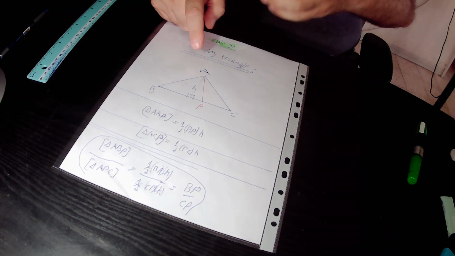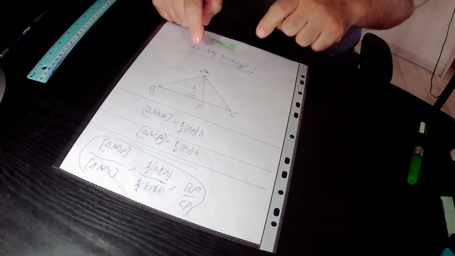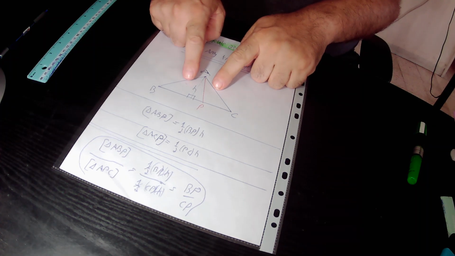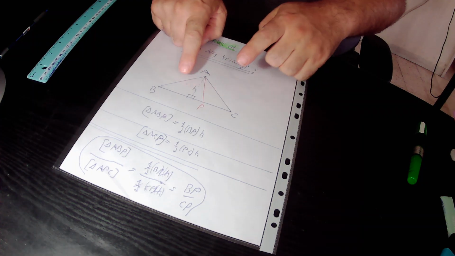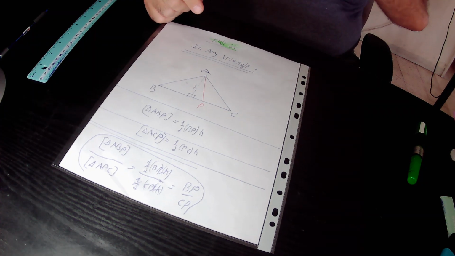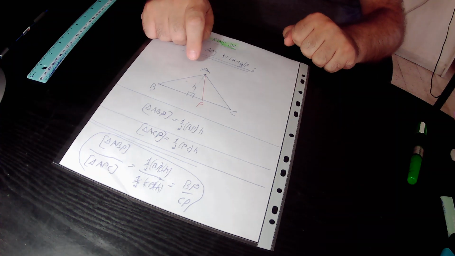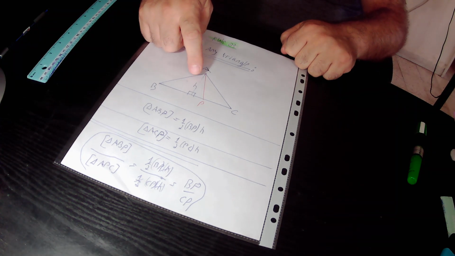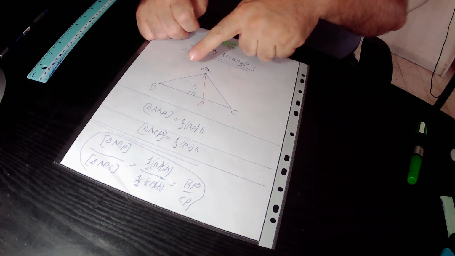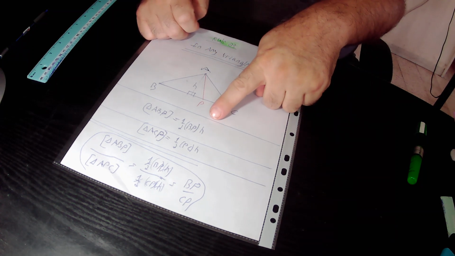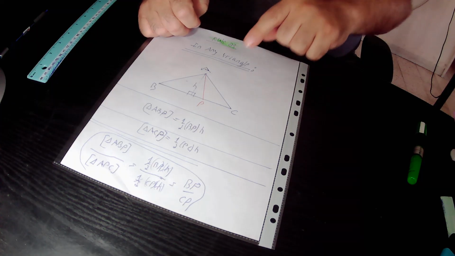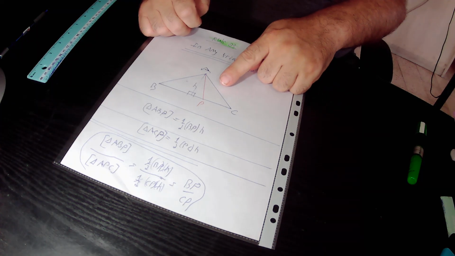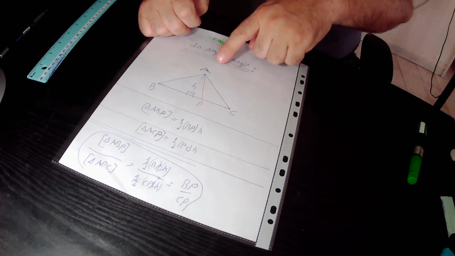According to Rule 23, the ratio between the areas of those two small triangles is equal to the ratio between their corresponding bases. The area of the small triangle ABP is the base BP times the height edge over 2. Likewise, the area of triangle APC is the base PC times the height edge over 2.